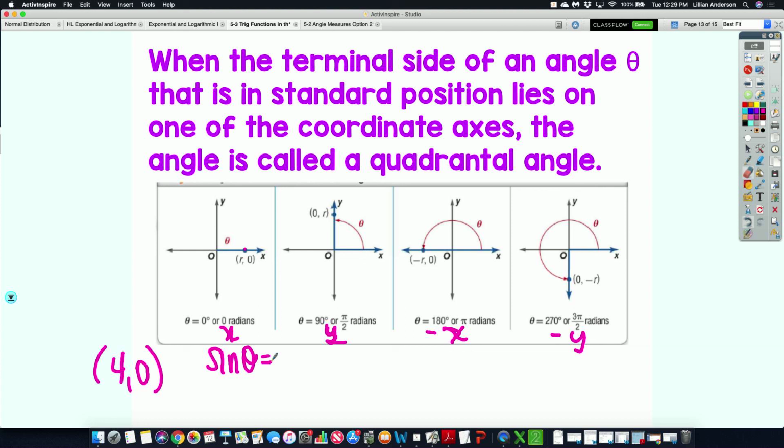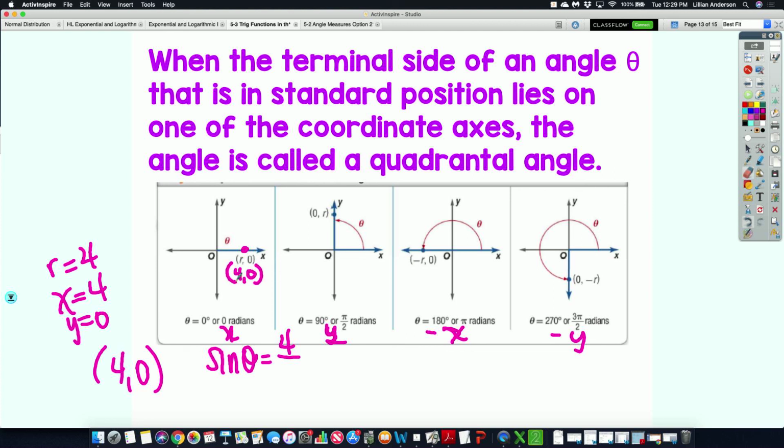What's the x coordinate? 4. What's the y coordinate? 0. What is r? It's 4. That point, because it's at (4, 0), that 4 corresponds to r as well.